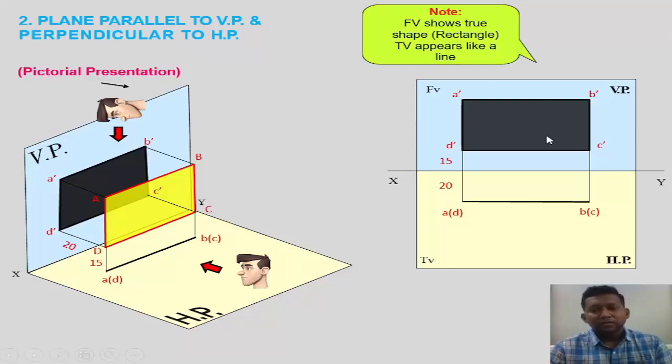In the front view we draw the rectangle, and in the top view it appears like a line. You already know this from the planes, points and lines topics: if a point is capital A, its front view will be small a dash, its top view will be small a, and the side view will be small a double dash.